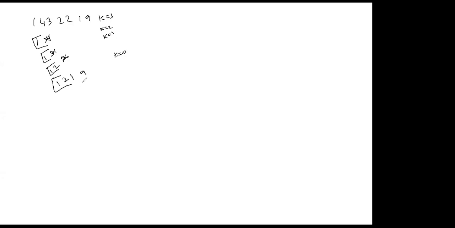So this is the final value that you have: remove k digits so that the number is as small as possible. The idea is to remove from the most significant places so that the value is as small as possible.